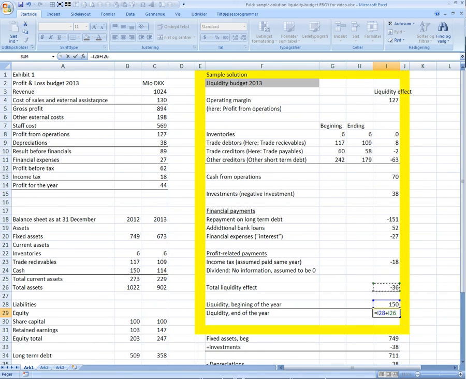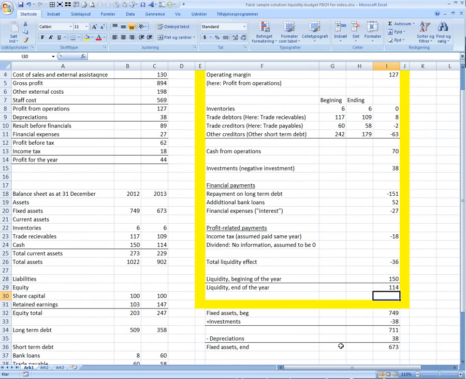There's a negative number in this case. We end up with 114 million. And the 114 million, you can see here is cash ending the budget year. So that seems to be a confirmation that we did things right. Yeah, that's basically the solution for this.